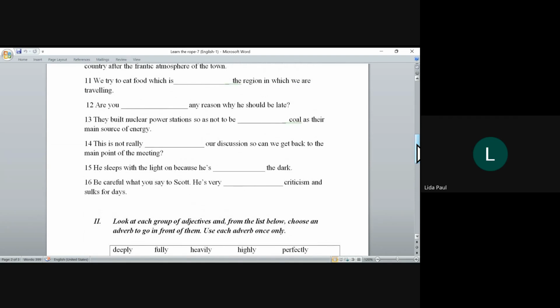Right. Next one: We try to eat food which is dash the region in which we are traveling. Okay, correct. A part of it is correct. So a question at this point to you: is it typical to or of?